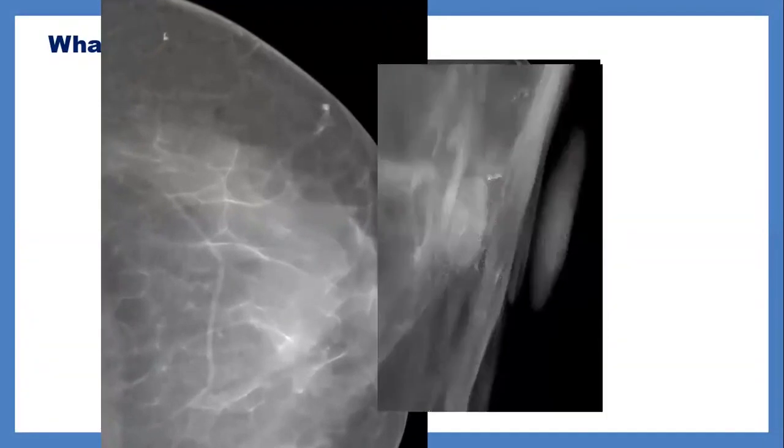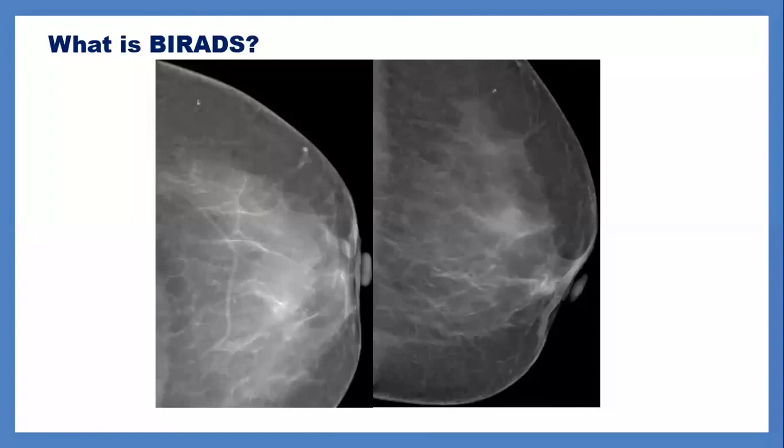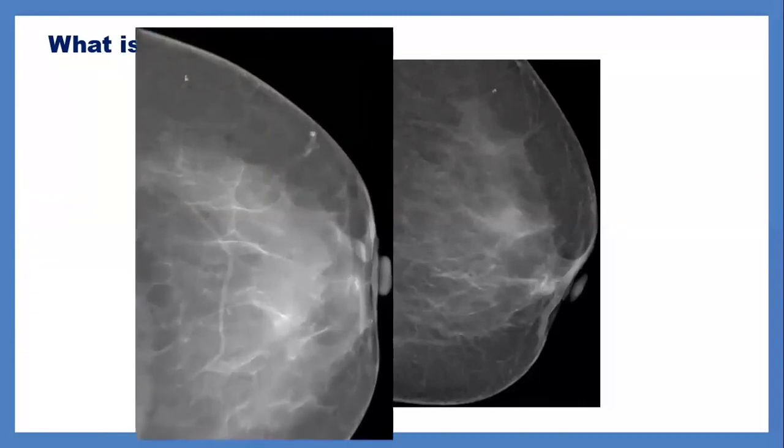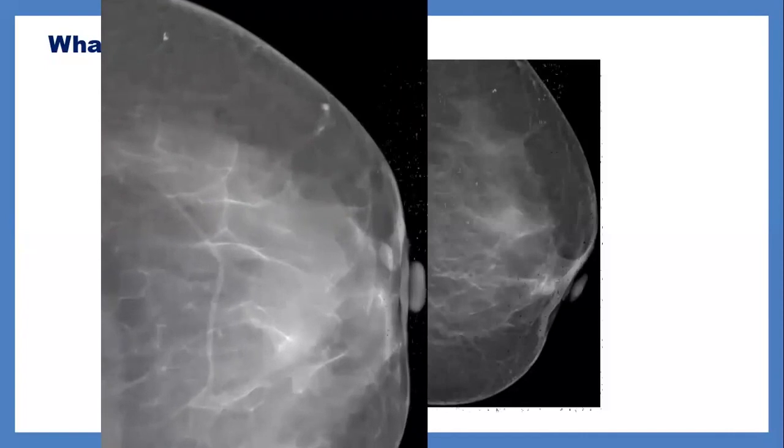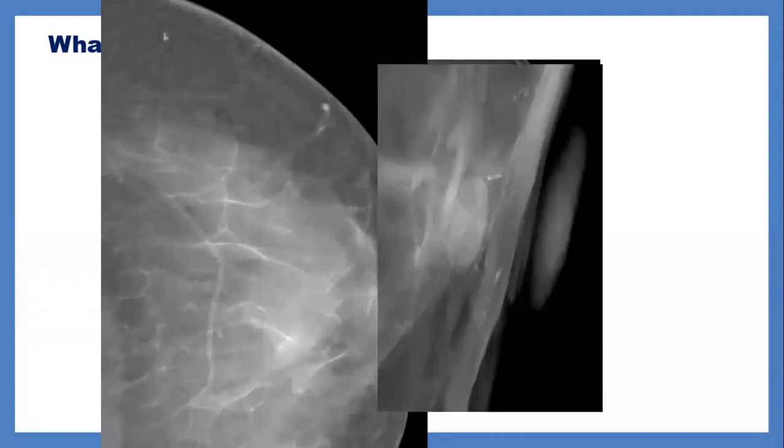Yes, this is the area of the dilated duct, but also there is. This is a duct? Yes. Are you sure? No. Look for the direction. It is a retroareolar mass.